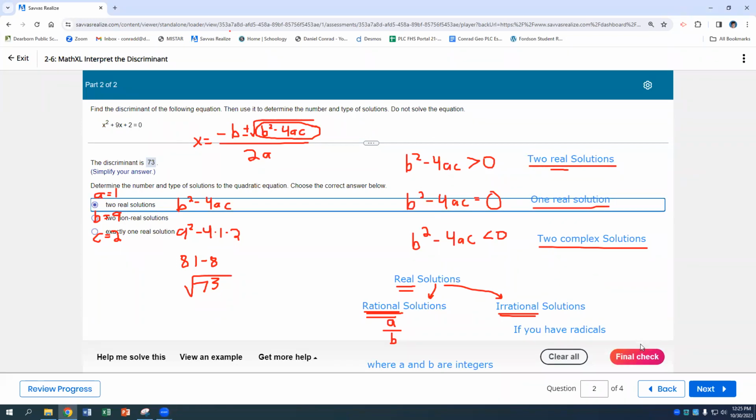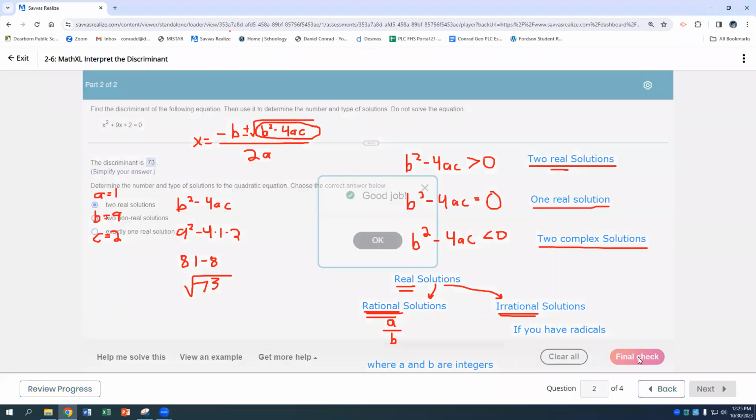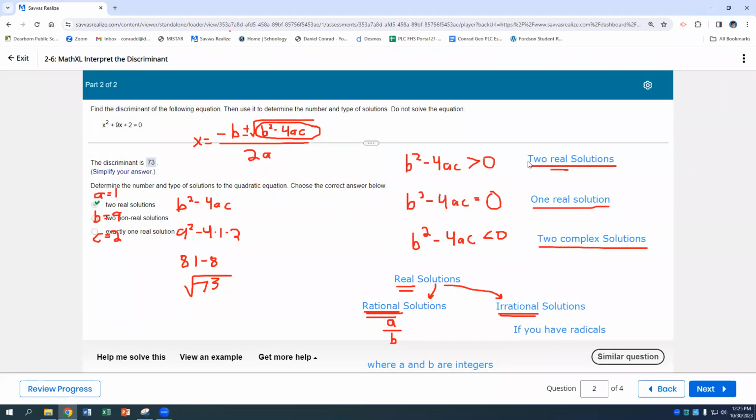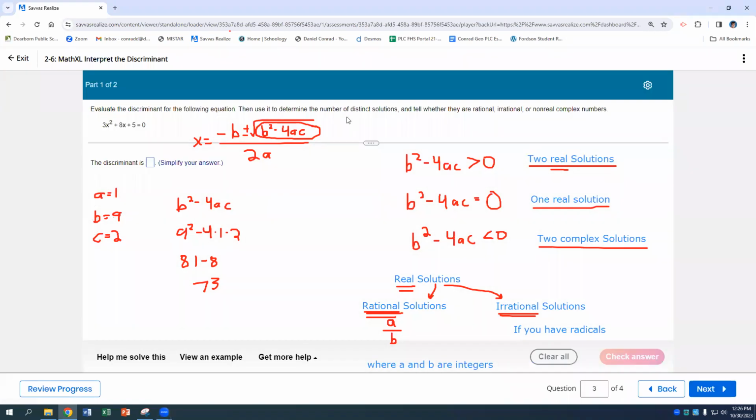Oh, that's it. They only want real. Yep, it's positive, so they're going to be real solutions. And if they asked us for rational or irrational, they would have been irrational because we have to take the square root. But that's fine. Just two real solutions. All right, maybe it's the next one that asks us that.